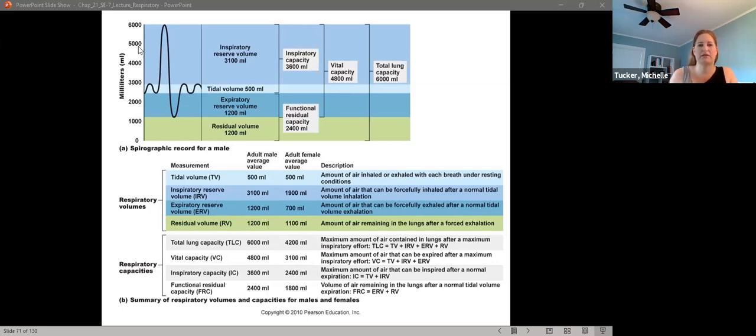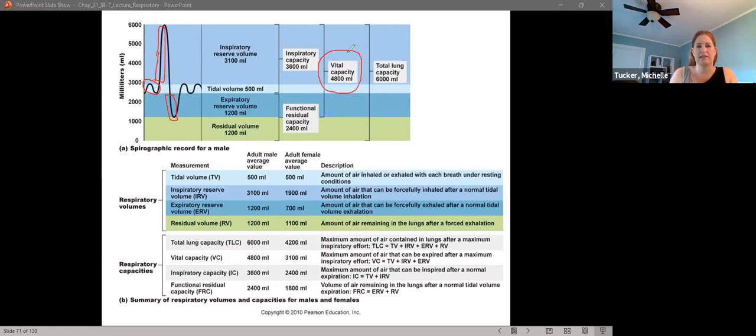So if you see a graph similar to this, you should be able to identify tidal volume, inspiratory reserve volume, expiratory reserve volume. And if you add those three together, you get the vital capacity.